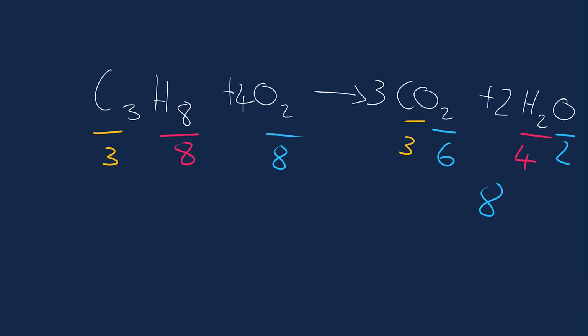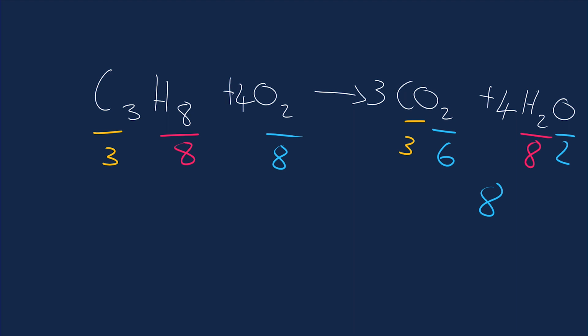What about hydrogen? We still need to balance hydrogen, 8 versus 4. So let's increase how much H2O we have here in order to get to 8. So 4 lots of H2O means we now have 8 hydrogens.